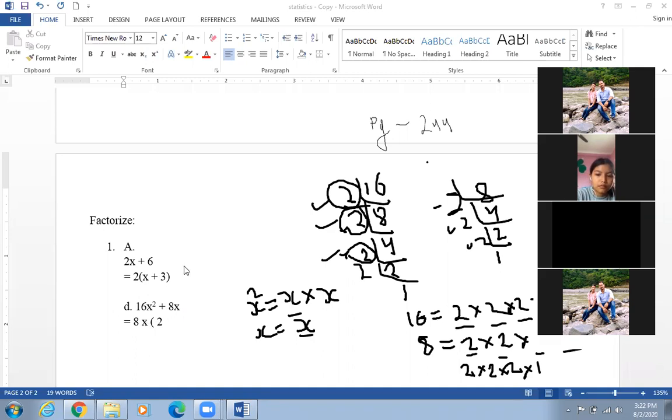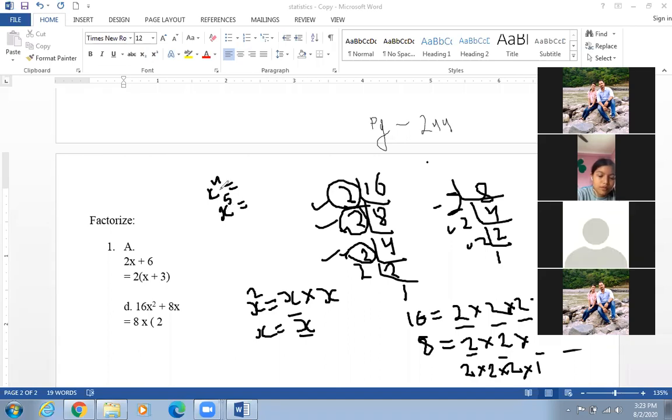Let me give one example to you all. So x power 4 and x power 5. If I ask what the common is, what can we write down? We can write down the smallest. Which one is the smallest among x power 4 and x power 5? X power 4 is the smallest, so x power 4 is the common.